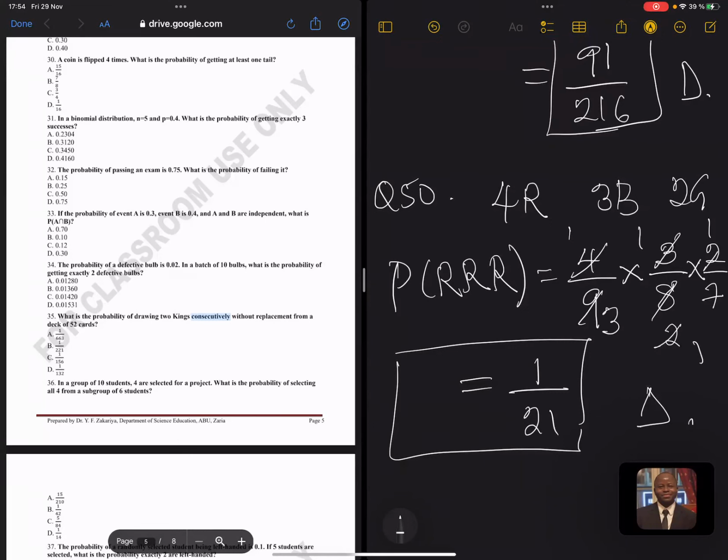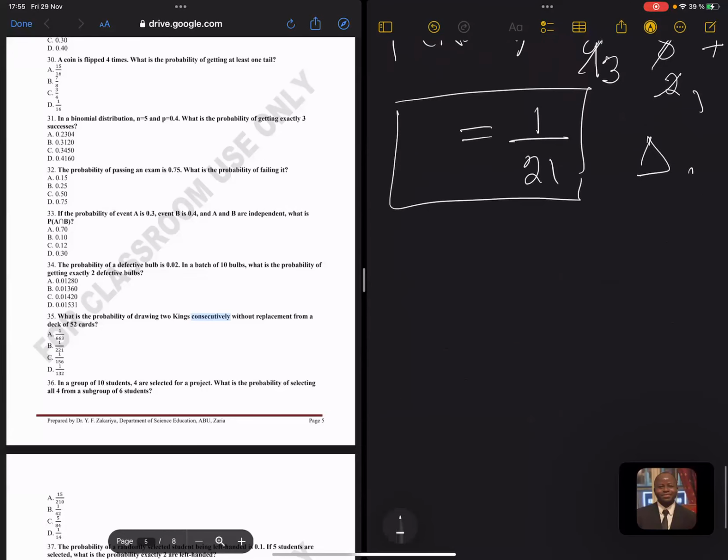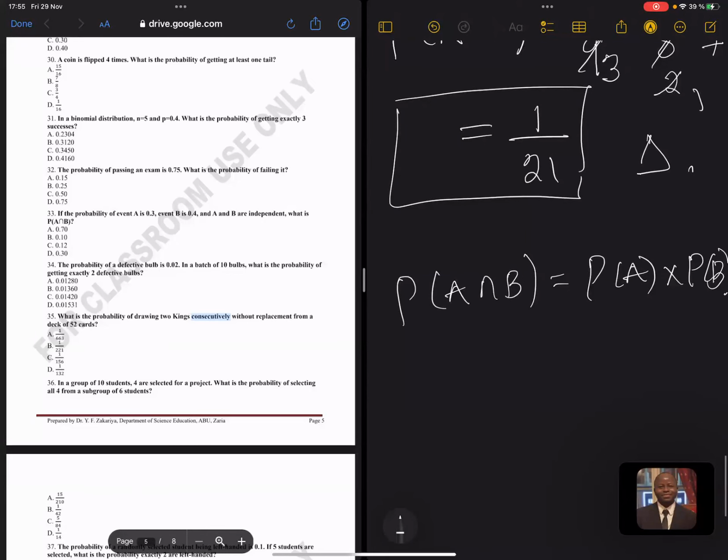Let me just explain it. If the probability of event A is 0.3, event B is 0.4, and A and B are independent, what is the probability of A and B? Remember the product rule. Probability of A intersection B is the probability of A multiplied by the probability of B. By the way, we are getting closer to Christmas now.